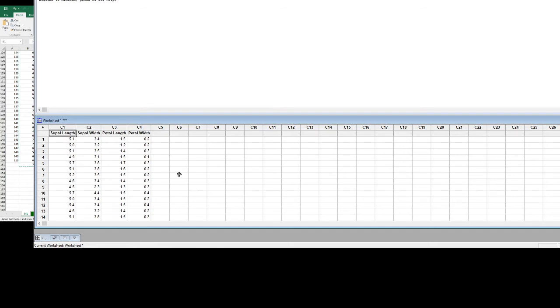Now I will copy the data here, and after copying this data I will try to plot a 3D plot. So let us see this 3D plot. Now in this 3D plot I will take petal length on the Z axis, sepal width on the Y axis, sepal length on the X axis, and I will plot it.